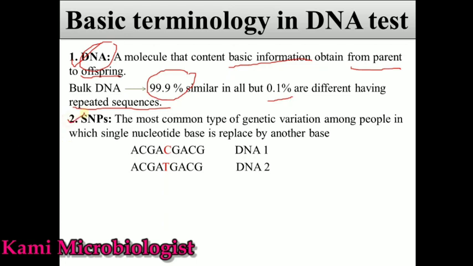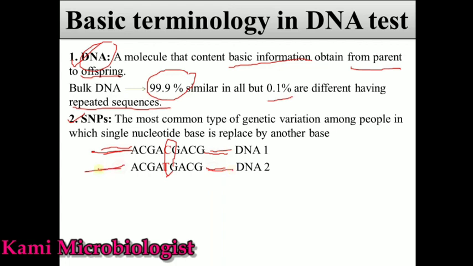Then the next term is SNPs, single nucleotide polymorphisms. What is this? These are sequences in the DNA that differ from another DNA by one nucleotide, or one base, as you can see. Let's suppose this is the DNA sequence of one person and this is the DNA sequence of another person.